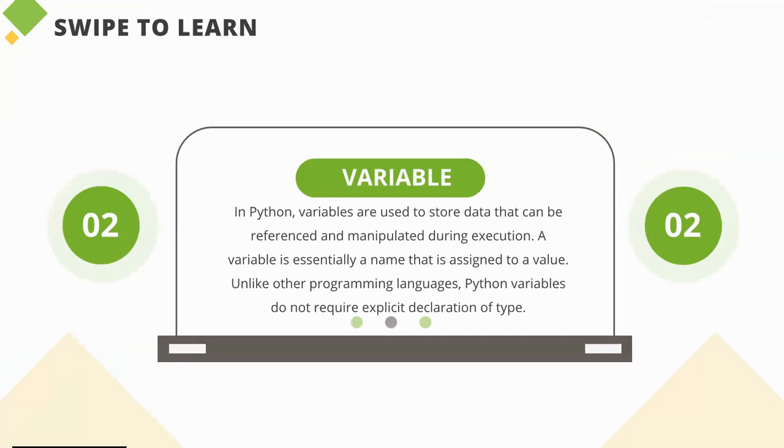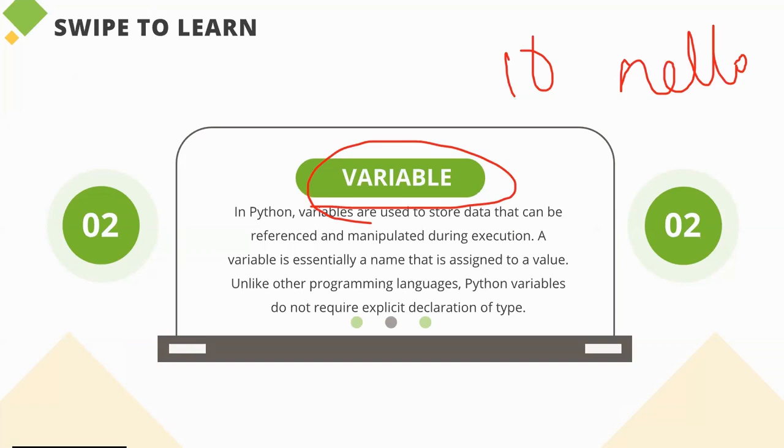So variable. As you all know, we have several data to be stored into our compilers or a system. So variables are generally referred to as names that store our data. Say we have many data, suppose 10, Nellore, many other words.